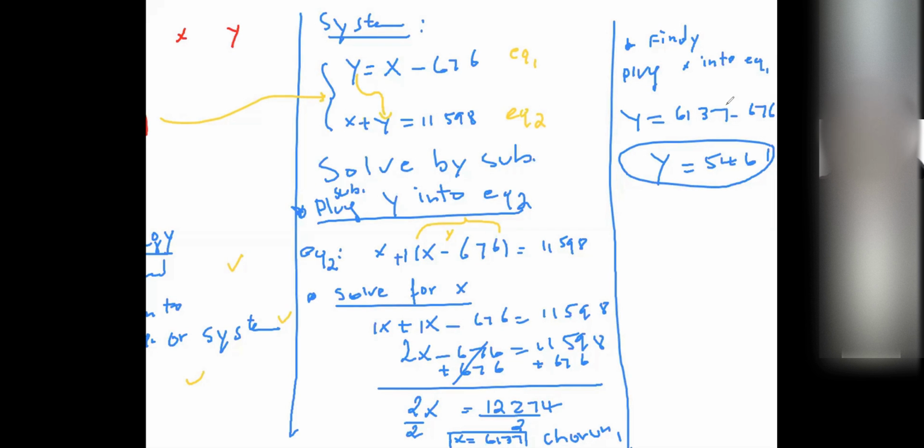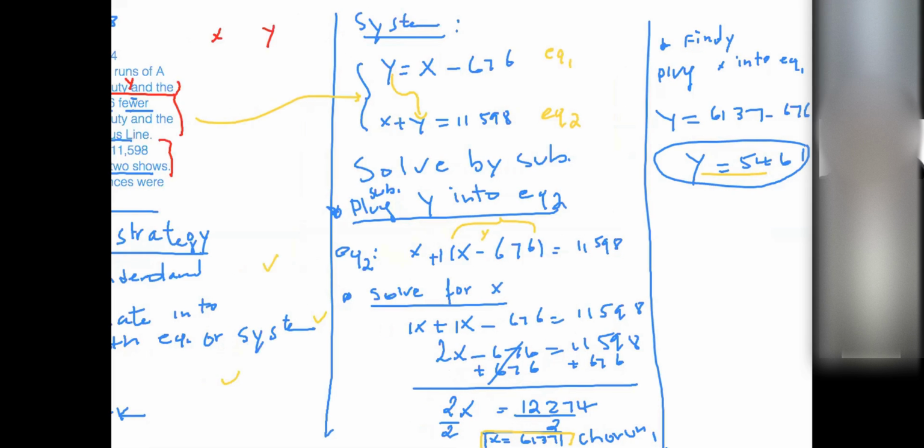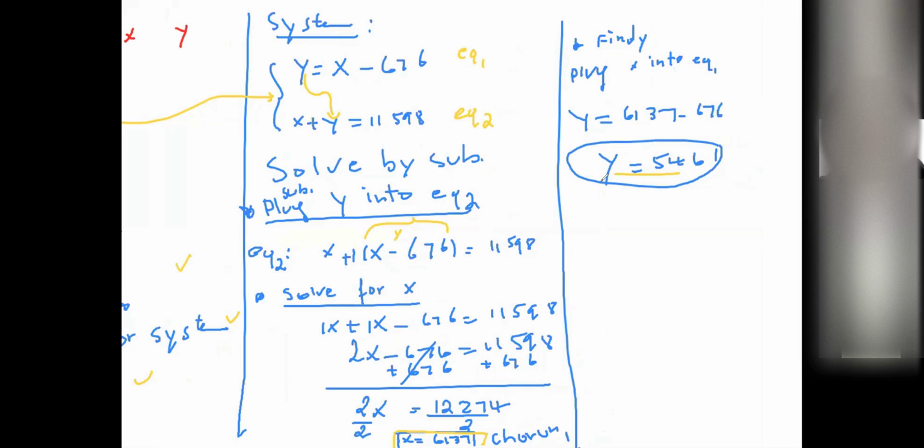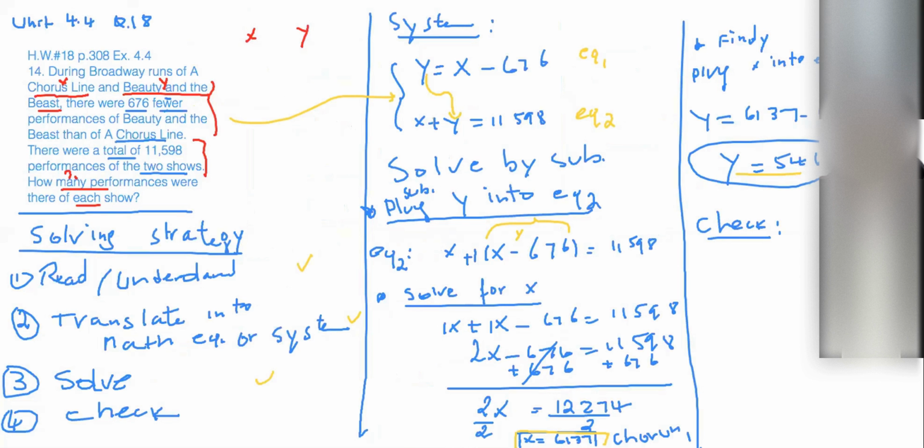So we got the x, we got the y. What's left to do? Check. Let's see if these numbers add up and make sense. If not, something's wrong and we'll have to fix it. According to the problem, these two numbers should add up to what? 11,598.